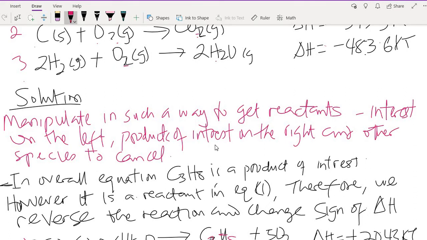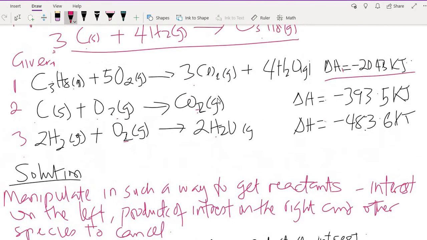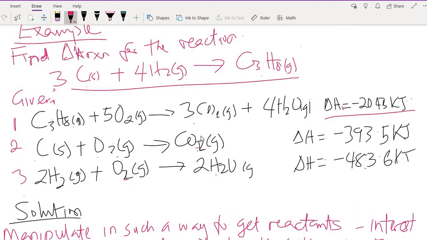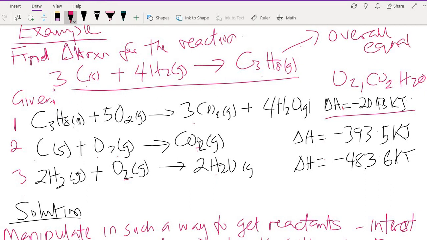Then we cancel other species out. For this reaction, the species that we need to cancel are going to be oxygen, CO2, and H2O, because we do not have these in the overall equation.